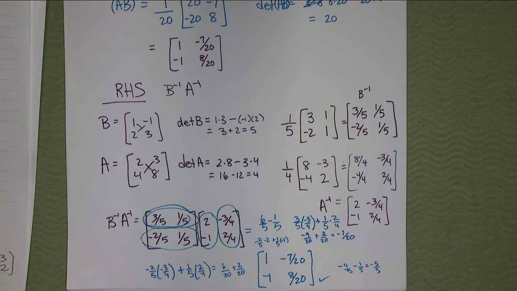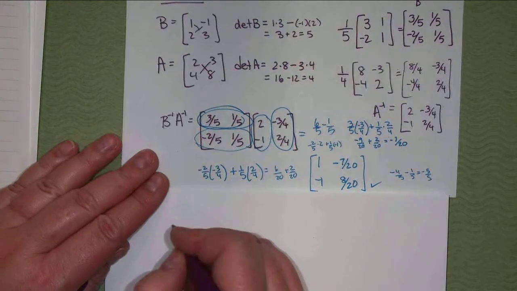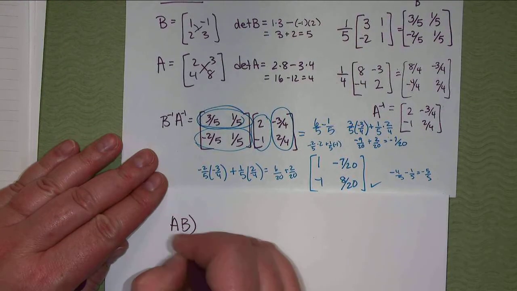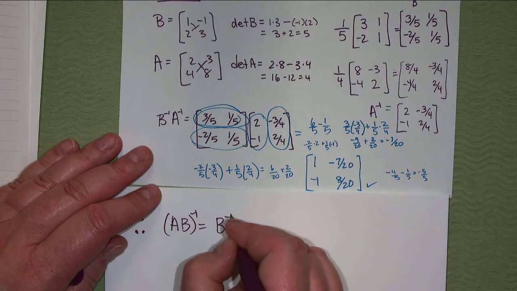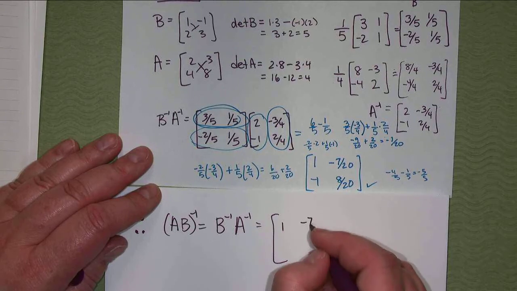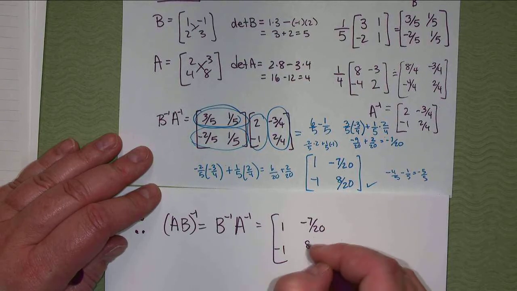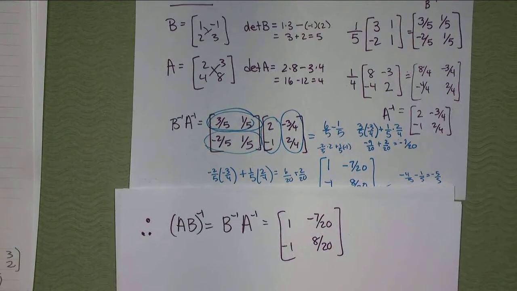So you would conclude AB, therefore AB inverse equals B inverse A inverse, which equals 1, negative 7 over 20, negative 1, and 8 over 20. So you need a little conclusion if you're asked to show something.